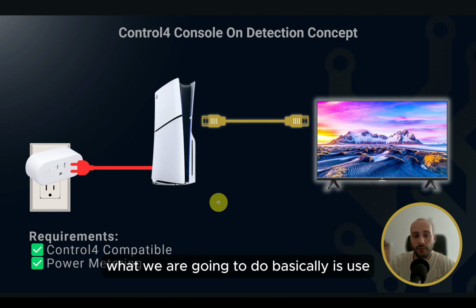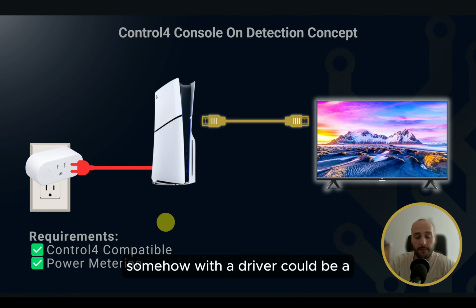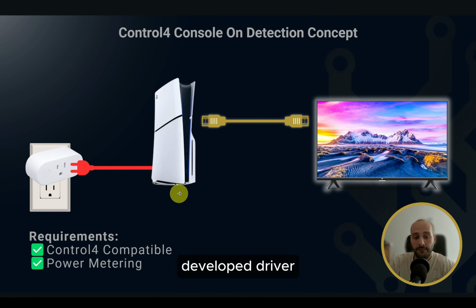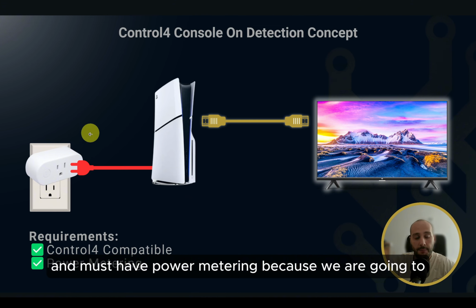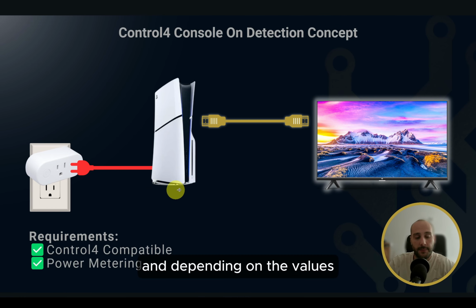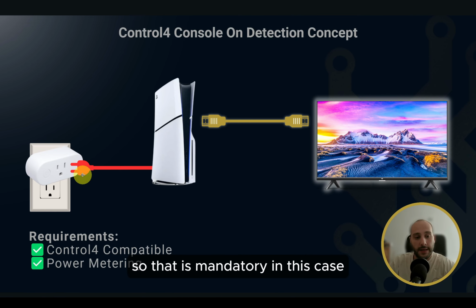What we are going to do basically is use a smart plug that obviously needs to be Control4 compatible somehow with the driver. It could be a Control4 official driver or a third-party developer driver, and it must have power metering, because we are going to measure the consumption of the console, and depending on the values, we are going to trigger some programming. So that is mandatory in this case.